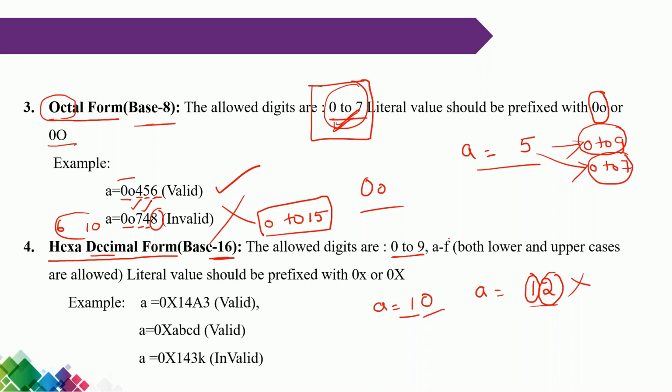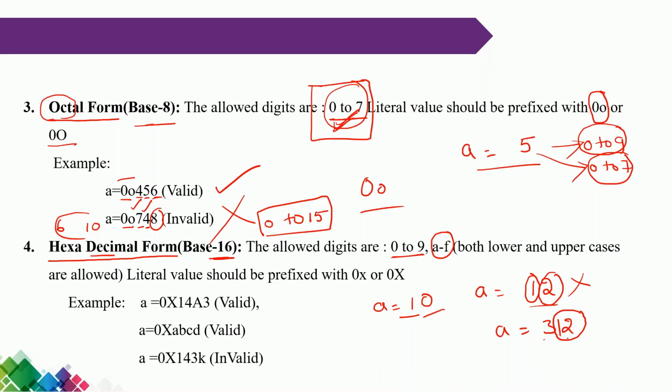You got my point. For example, A is equal to 312. Here, the system considers this number as 312. But my intention is that this is not a three-digit number.